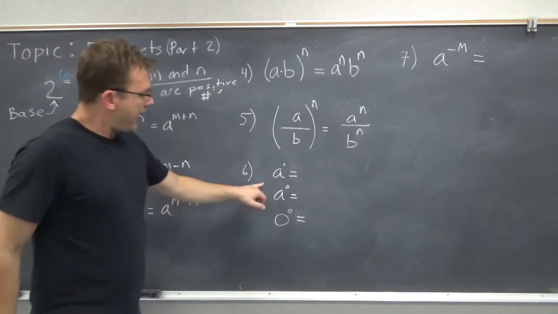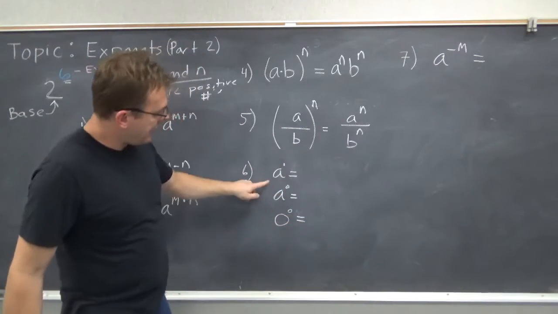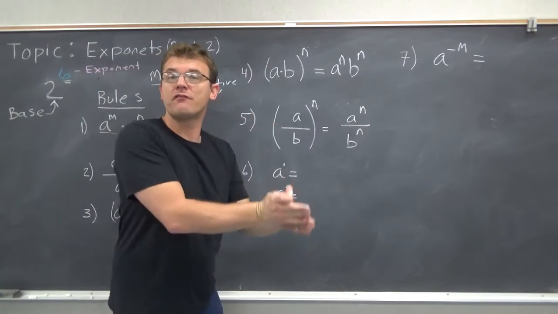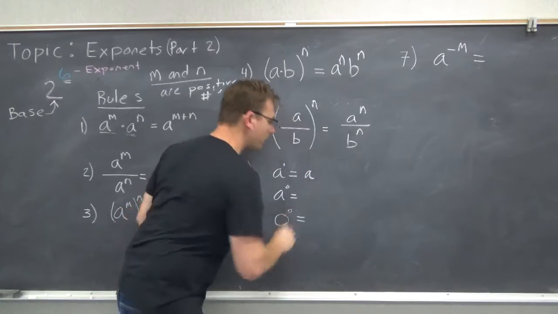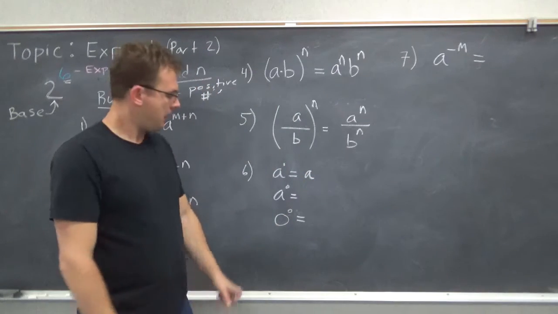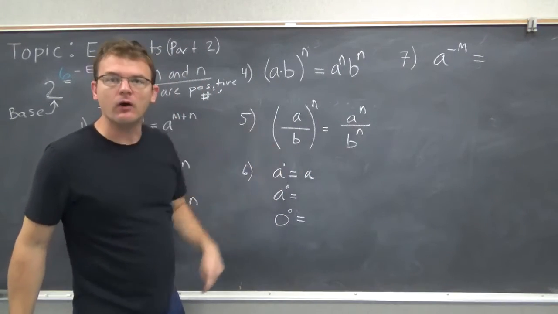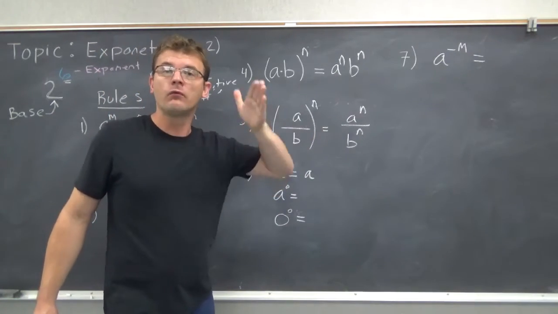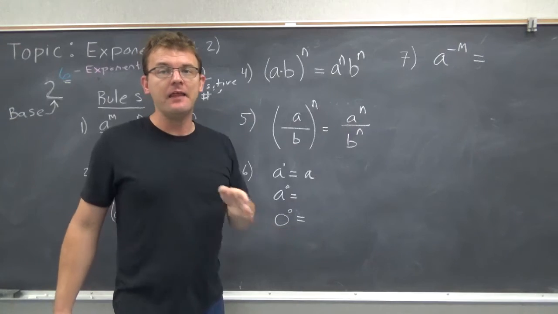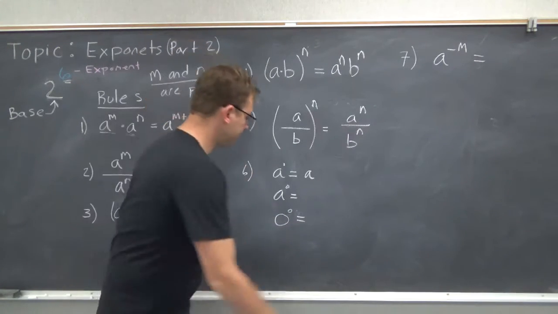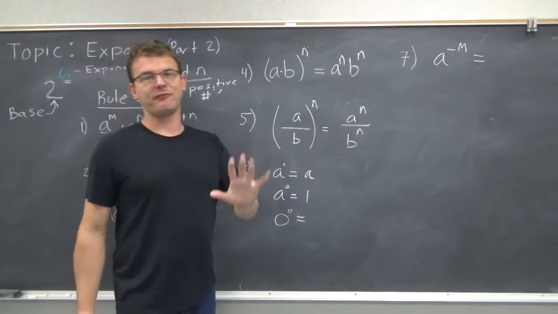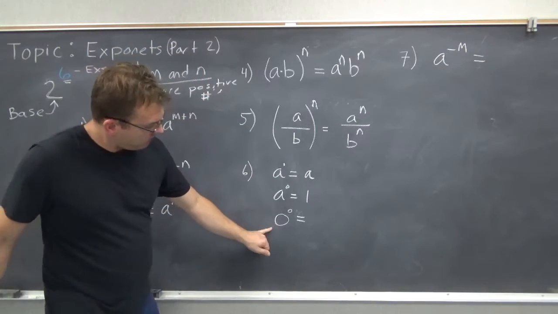Now, sometimes we have a to the 1st power. How do you write a to the 1st power? Just a. How do you write a to the 0 power? Some number raised to the 0 power is technically just 1. There's a proof to that, but not for this class.